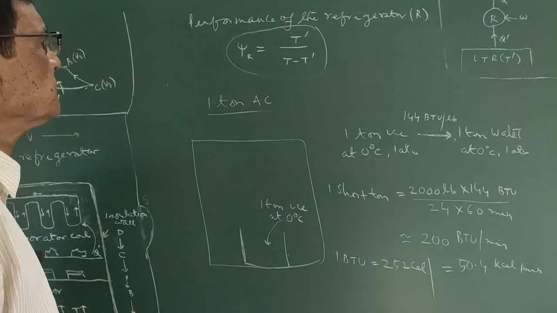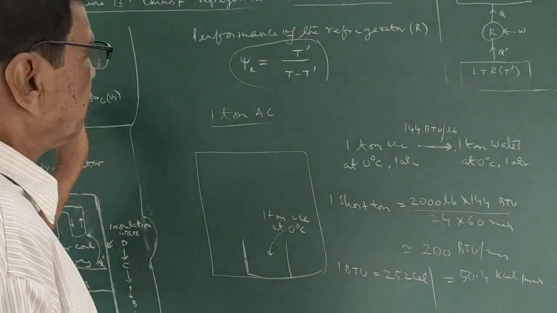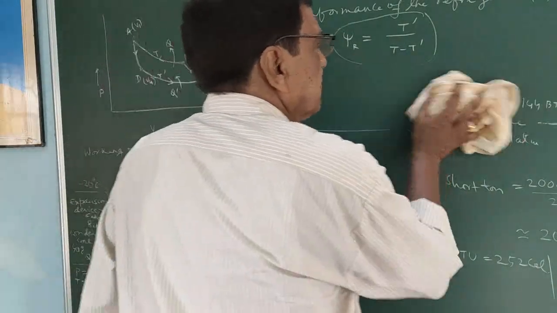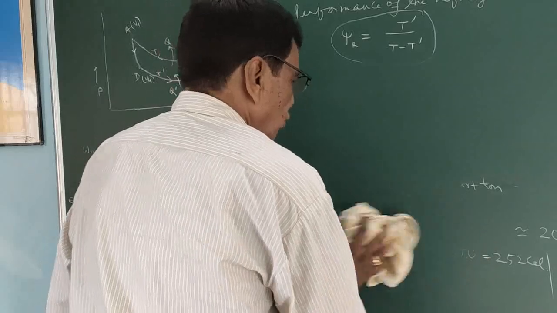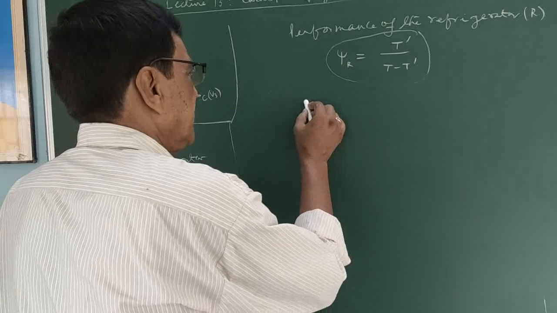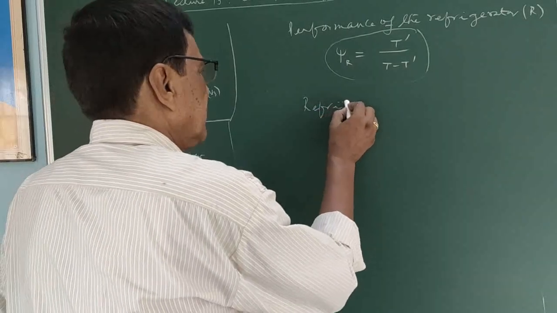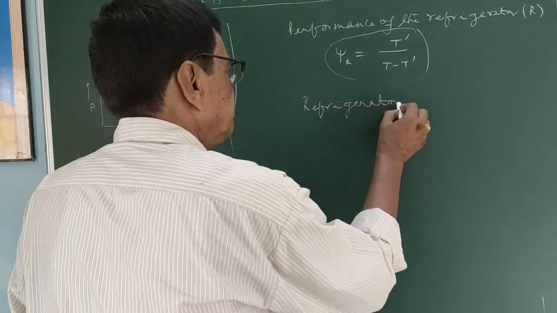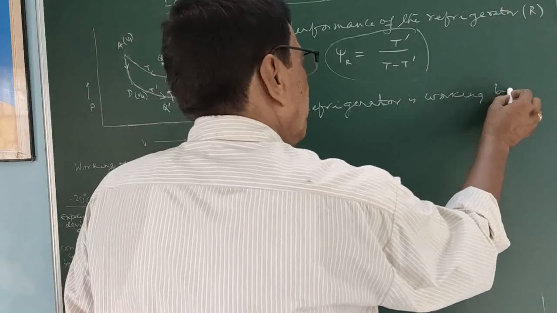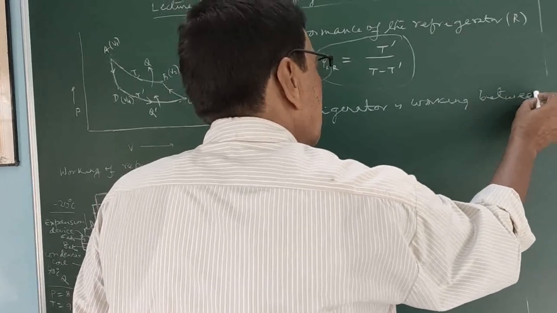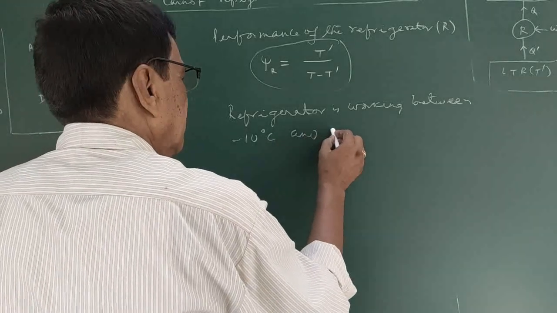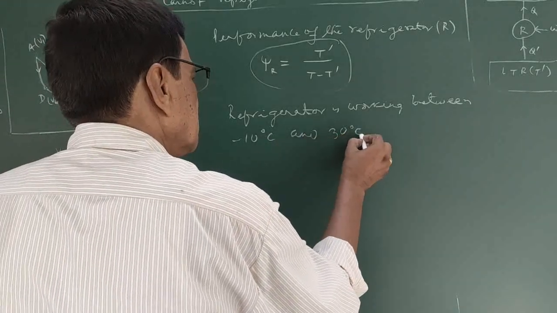So this is all about the working formula of this refrigerator, and you can put a simple problem. One problem you can do here. Suppose this refrigerator is working between minus 10 degrees centigrade and 30 degrees centigrade.